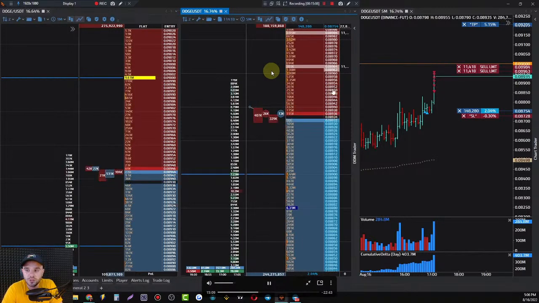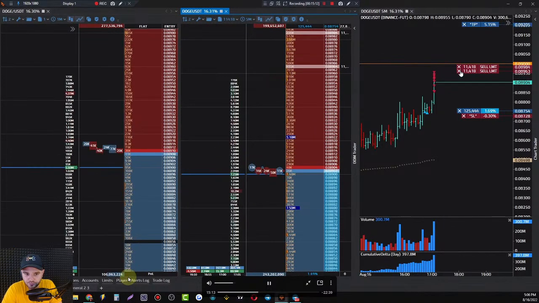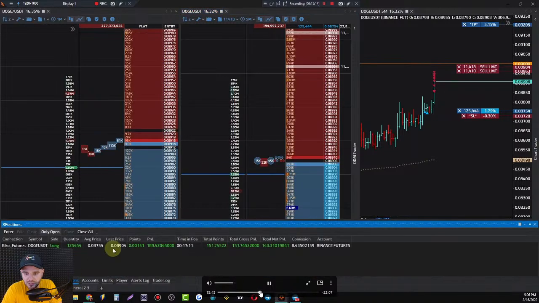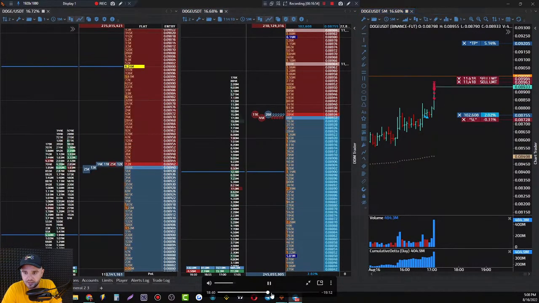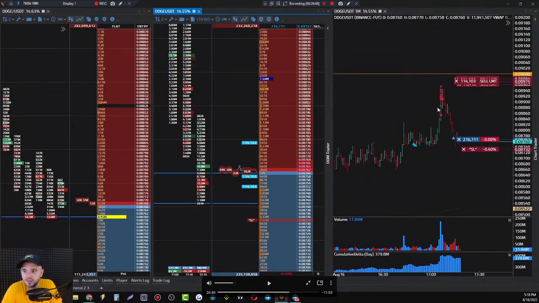Amazing risk reward. We booked a big part of our position at this time, and after that price retested that size. That's an example for you of why it's important always to book part of a position.